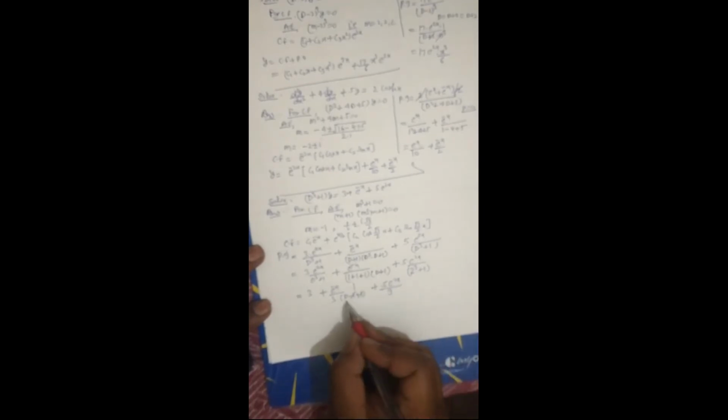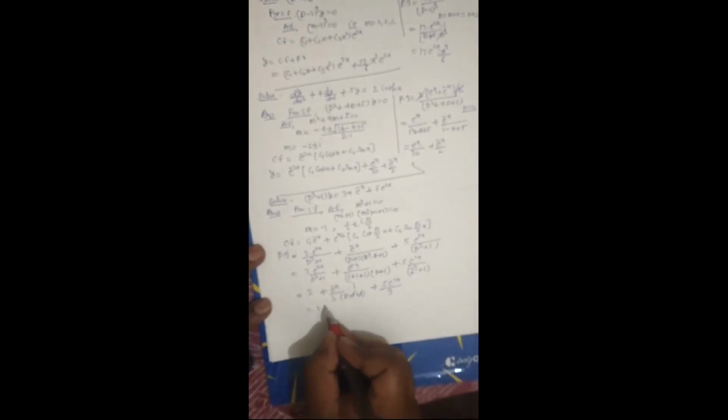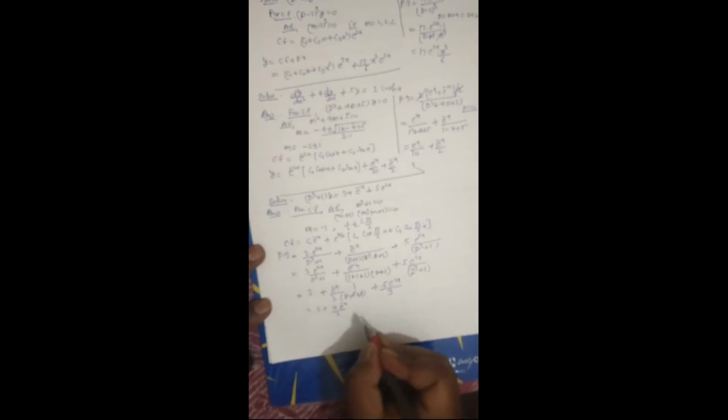The 1 cancels; integrate 1 time, then we get 3 plus x e to the power minus x upon 3 plus 5 by 9 e to the power 2x.